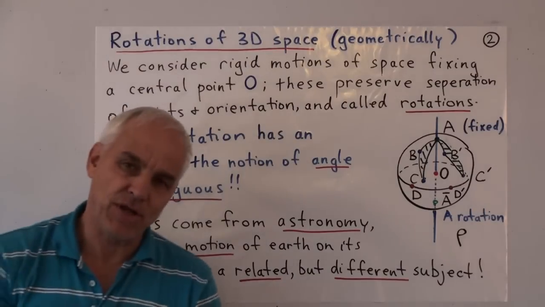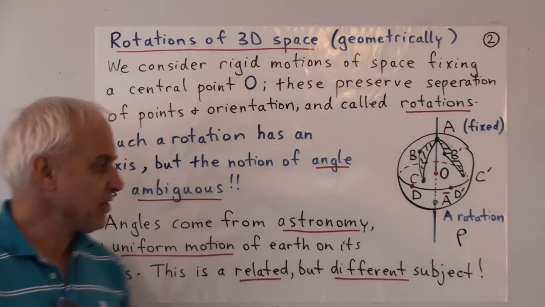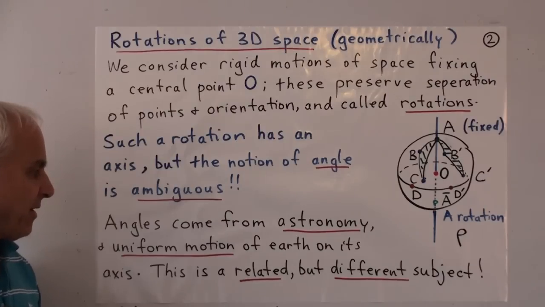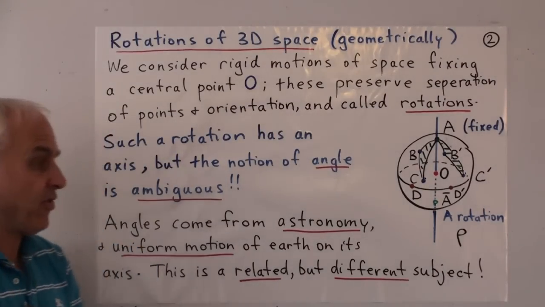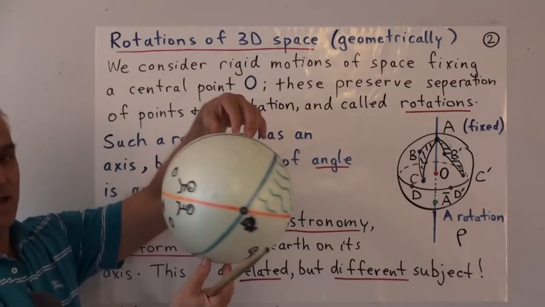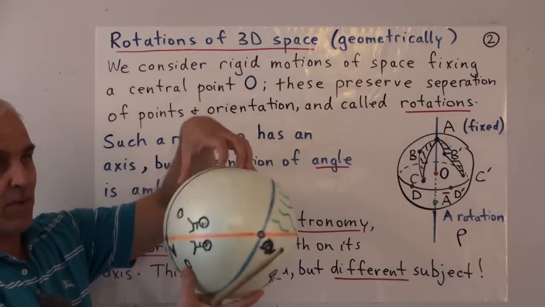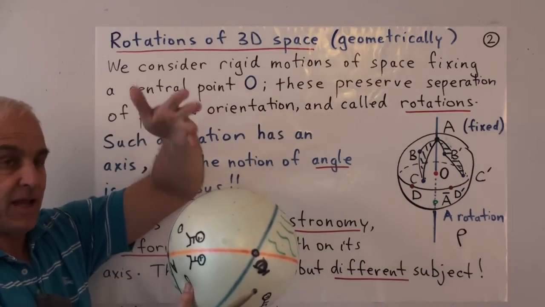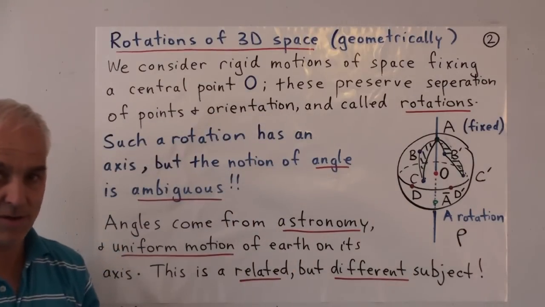It's useful to mention that angles come from astronomy. And in astronomy there is a very good reason why angles are important, because the Earth is rotating uniformly on its axis once a day. So everything that we observe in the night sky is moving around us at a fixed rate because of this uniform motion.